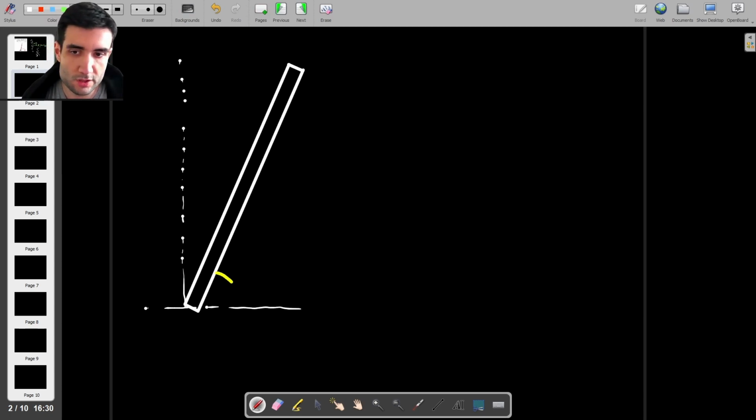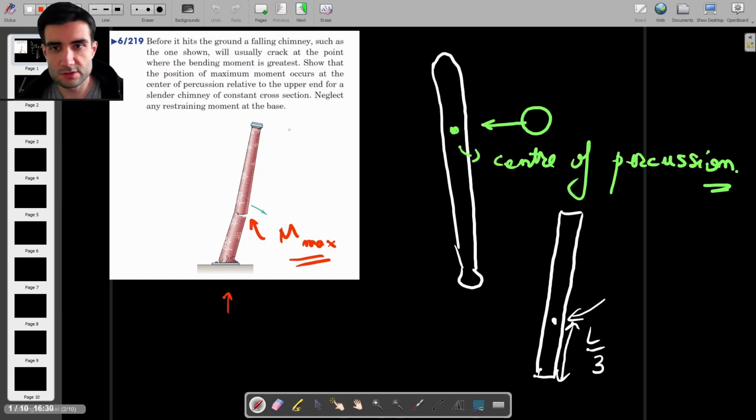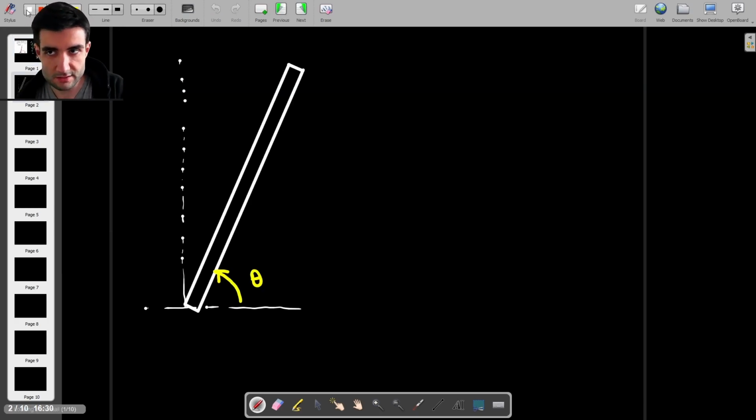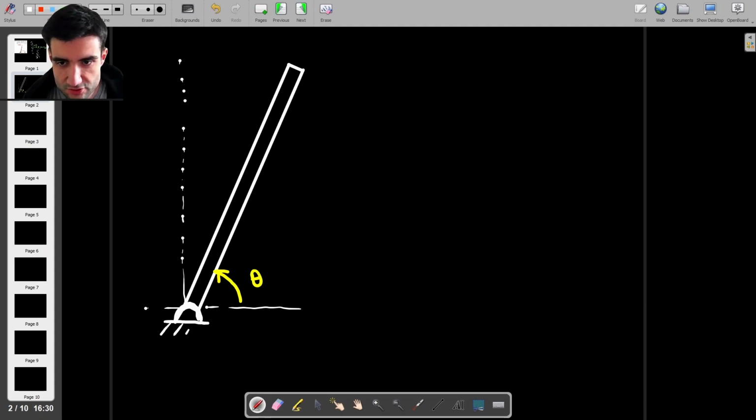So we're going to define an angle theta like this. And the question also says to ignore any restraining moment at the base. So in that case, we can technically assume that this slender bar is hinged, right? Because if you have a hinge support, then there are no bending moments that will occur.